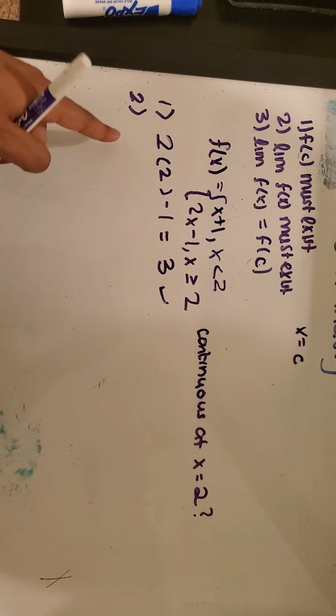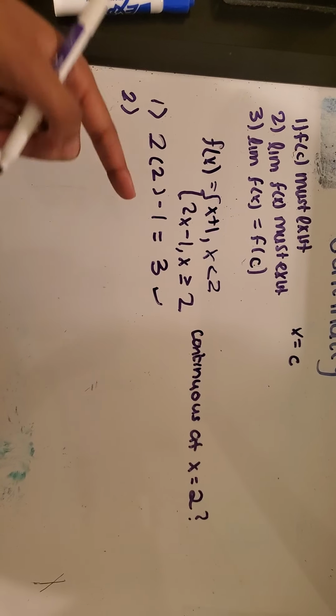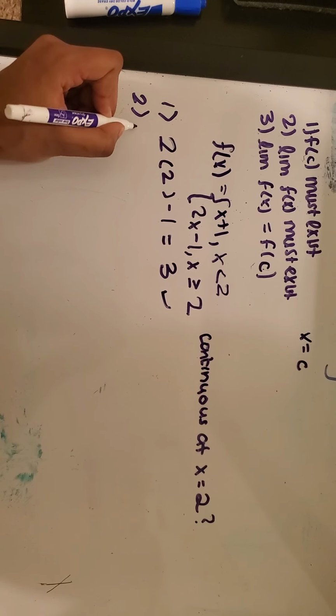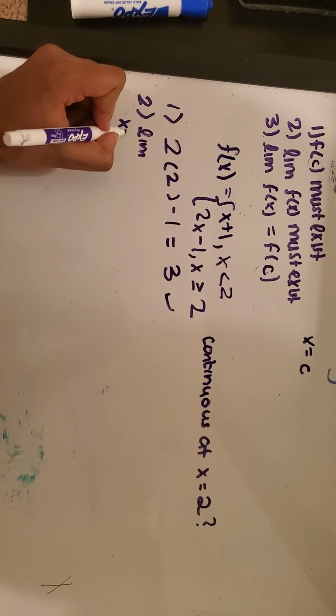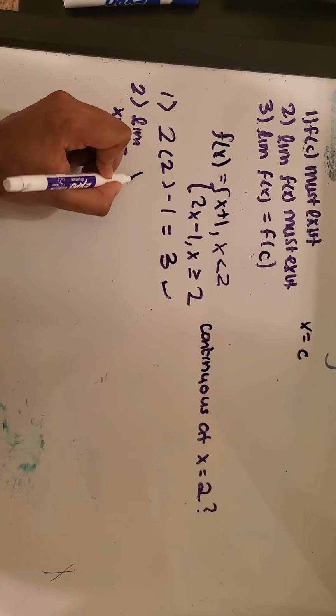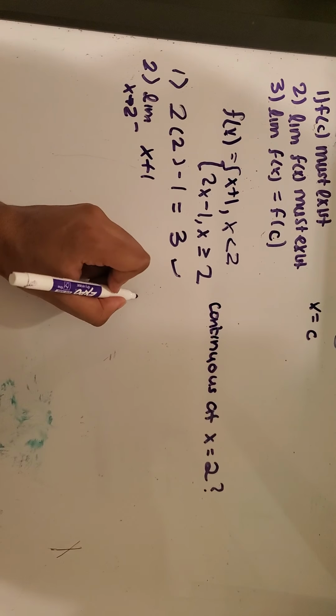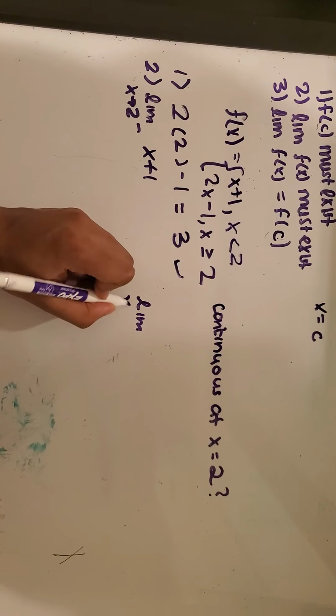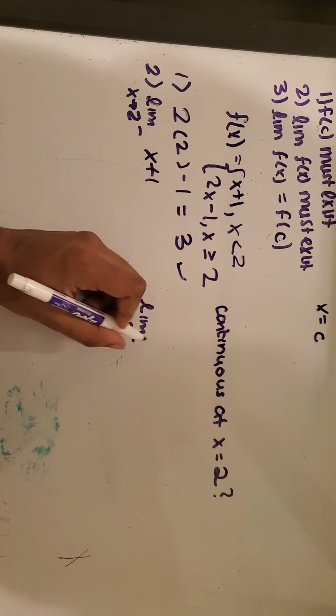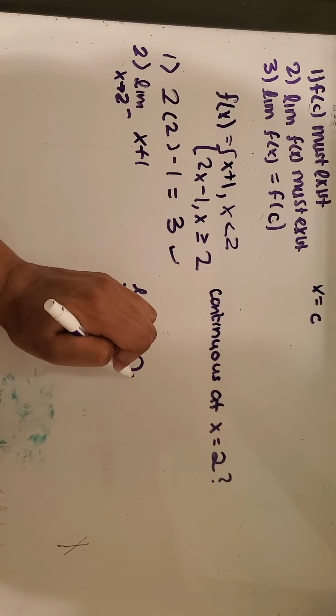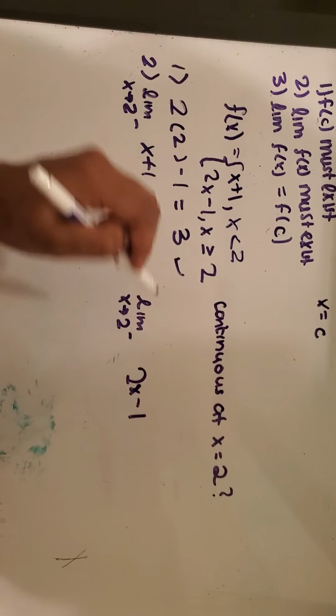To do this, we're going to take the limits of both sides and see if those match up. So the limit as x approaches 2 from the left would be x plus 1, and the limit as x approaches 2 from the right would be 2x minus 1.